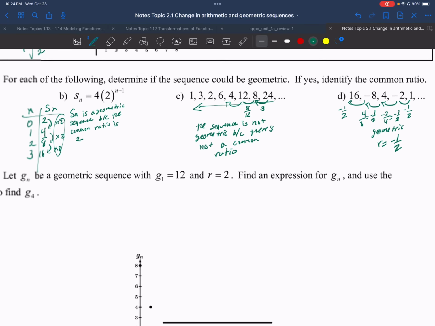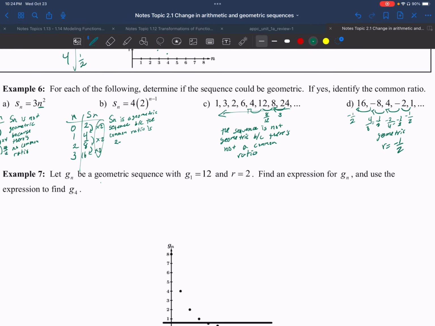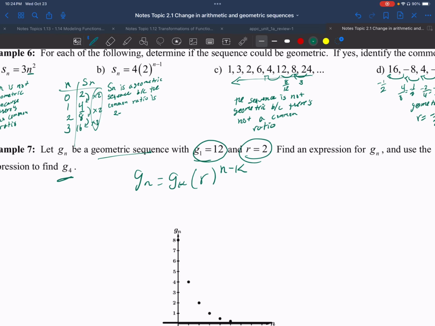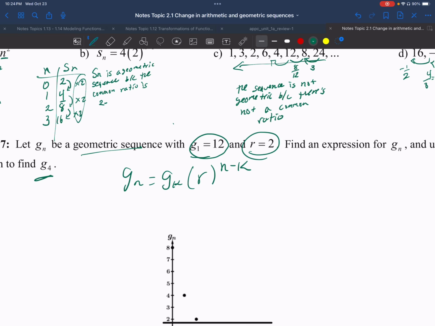Okay, example number 7 says let g of n be a geometric sequence where g of 1 is 12, r is 2. Find the expression for g of n and use that expression to find g of 4. So again, I have g of n equals g sub k times r to the power of n minus k, based on the equation from the previous page. I want g of n, so this variable will be my k, so k equals 1, and then g of k equals 12.